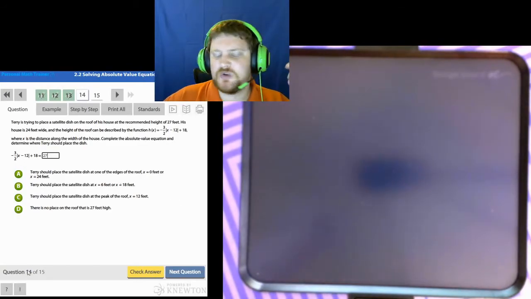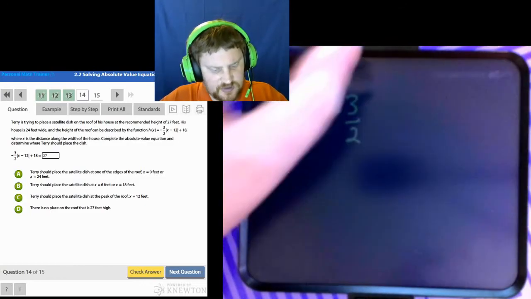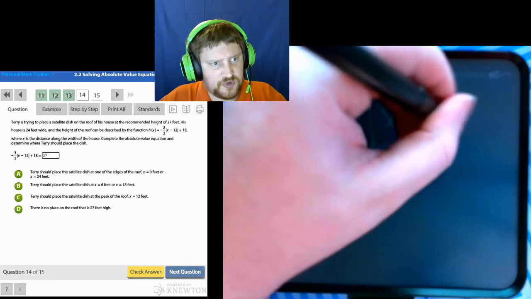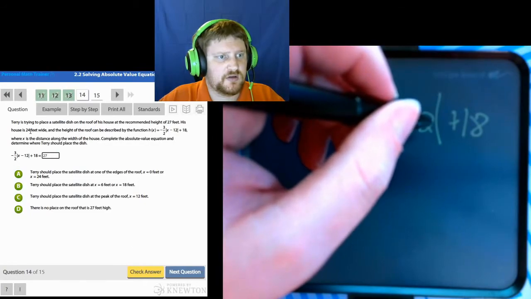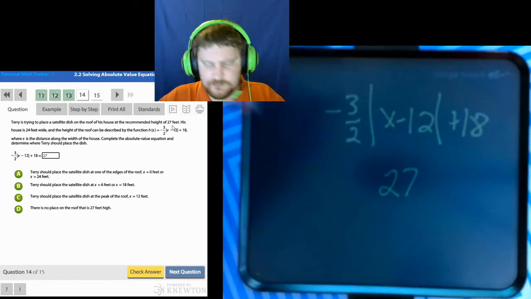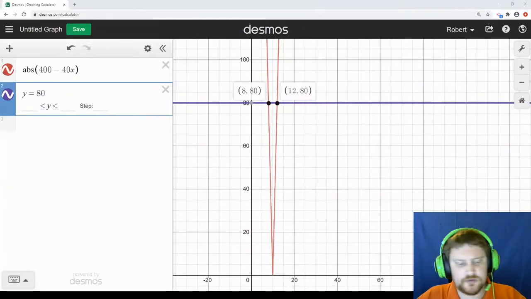So what we need to do is plug this into Desmos again. We are going to have negative 3 halves, absolute value, x minus 12 plus 18, and the height is going to be 27 feet. Alright, Desmos.